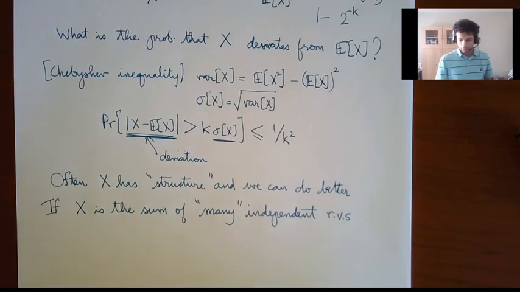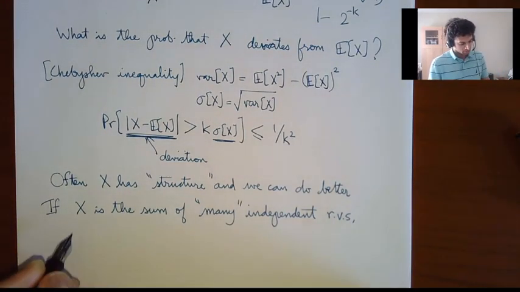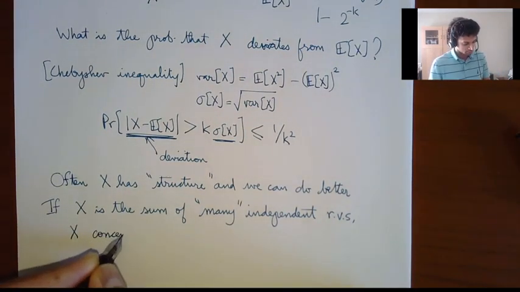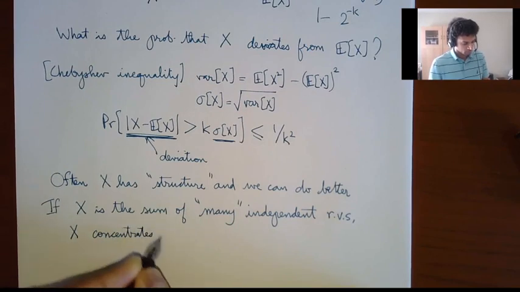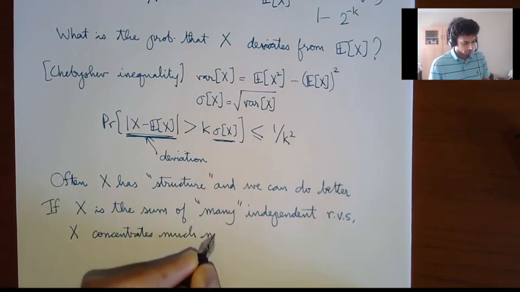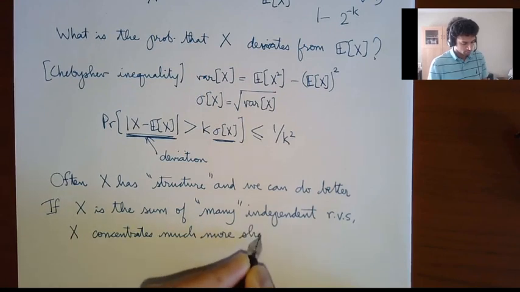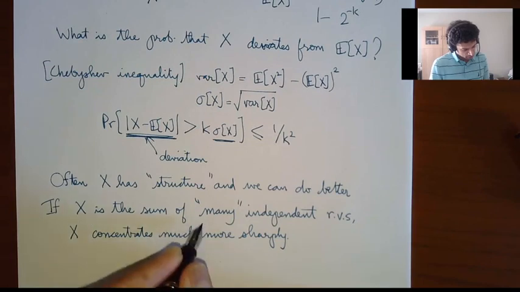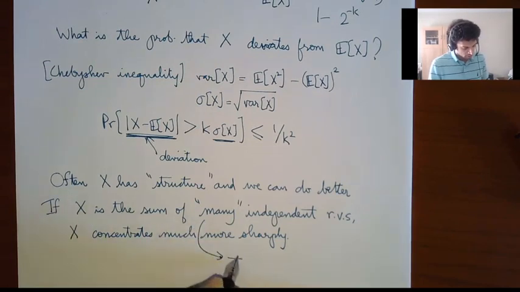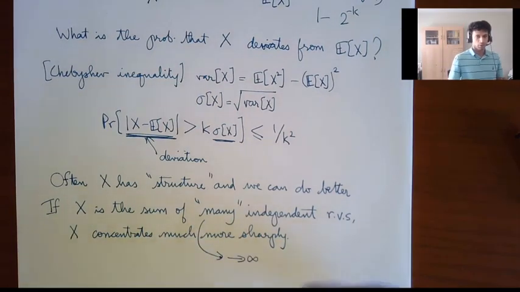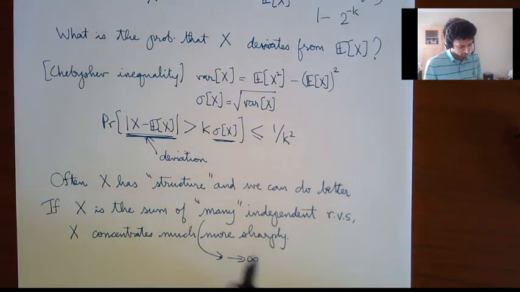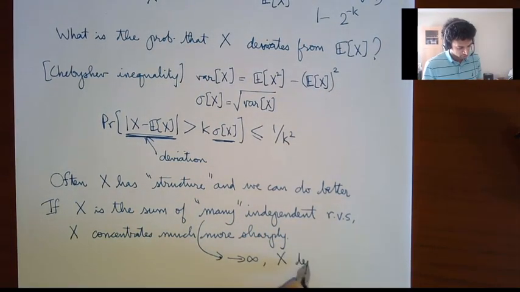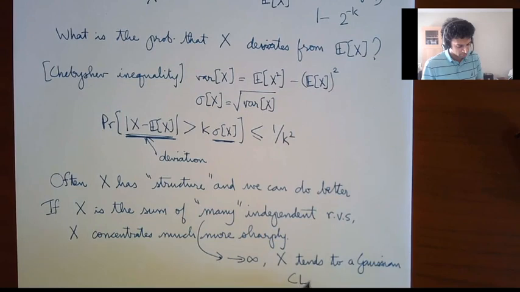If x is the sum of many independent random variables, then x concentrates much more sharply. Indeed, what I mean is, as the sum increases, as this tends to infinity, x tends to a Gaussian. And this is really the central limit theorem.